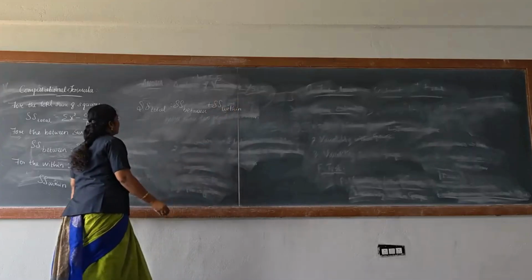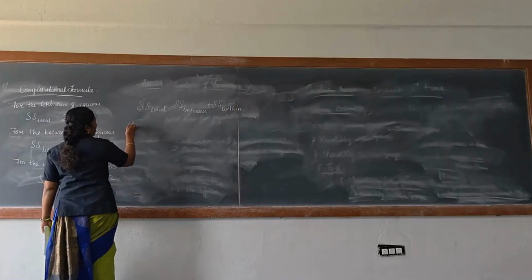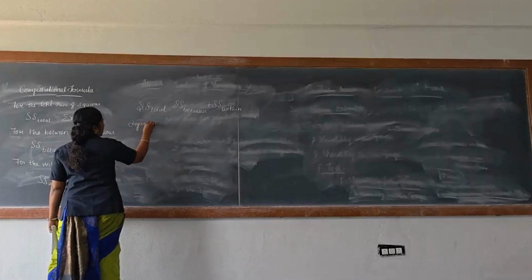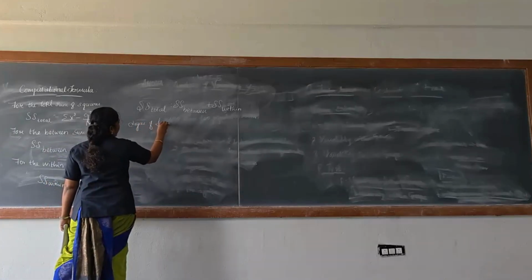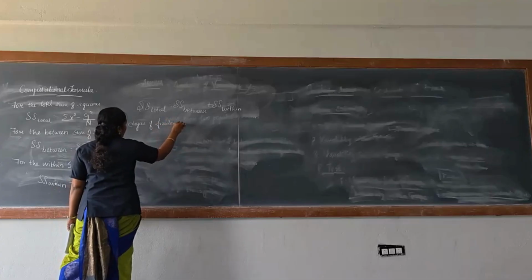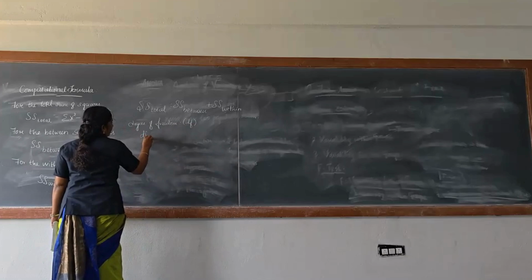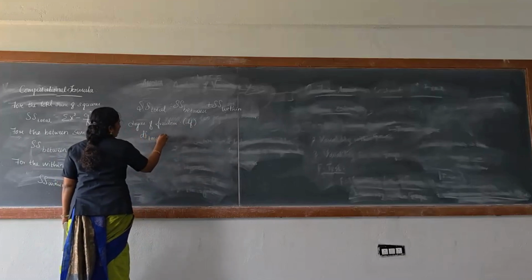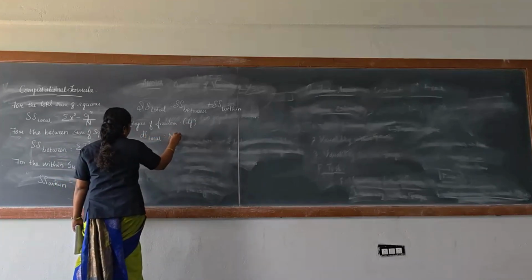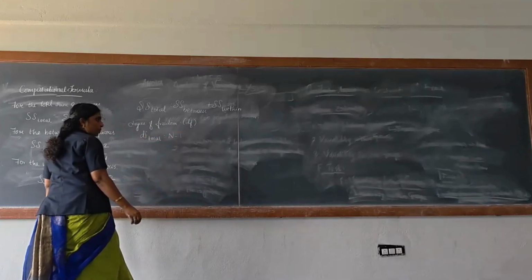The next part is the degree of freedom, represented as df. First we calculate df total, which is N minus 1, where N is the total population value.